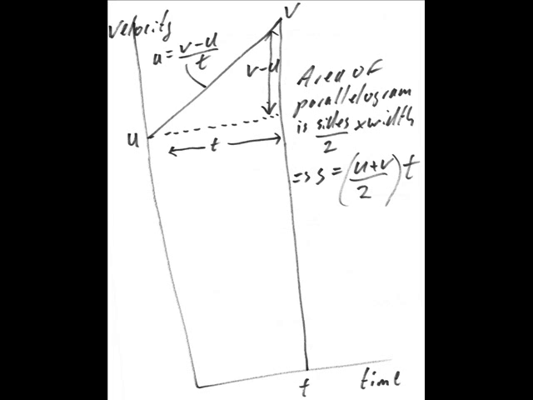The average acceleration of an object is given as change in velocity divided by change in time. Change in velocity is the final velocity minus the initial velocity, so our first equation of motion is a equals v minus u divided by delta t.